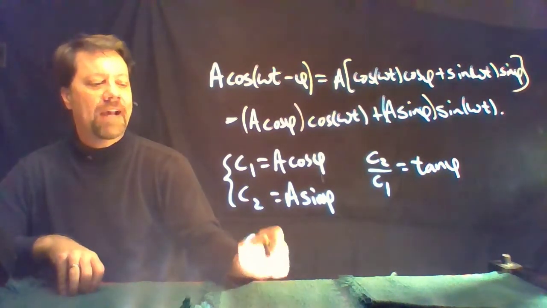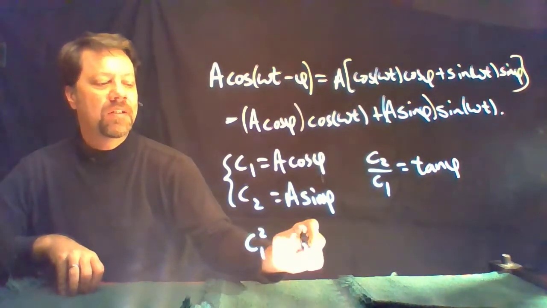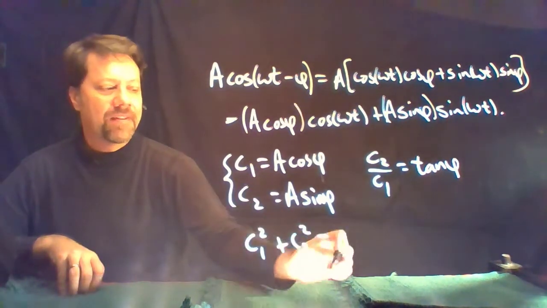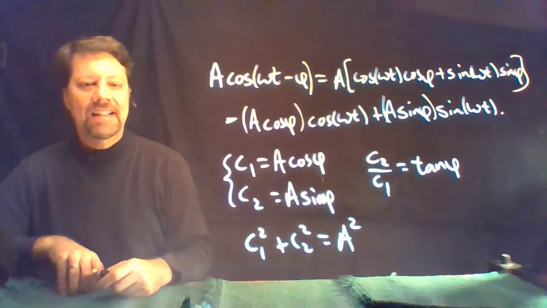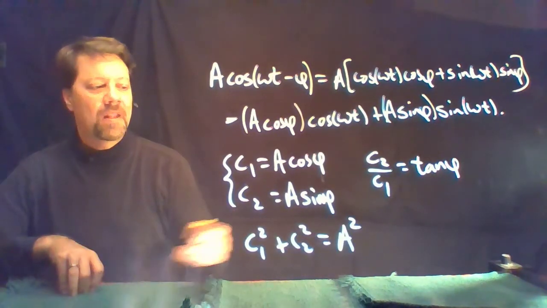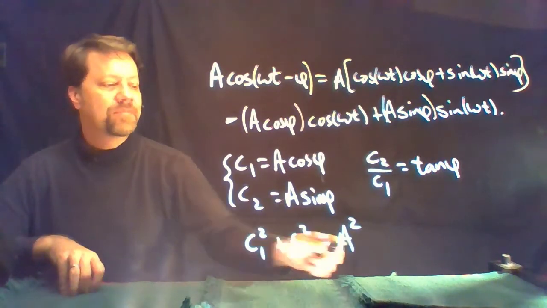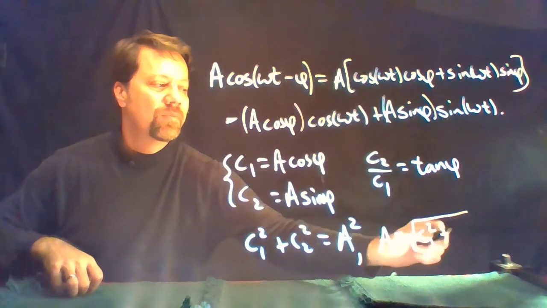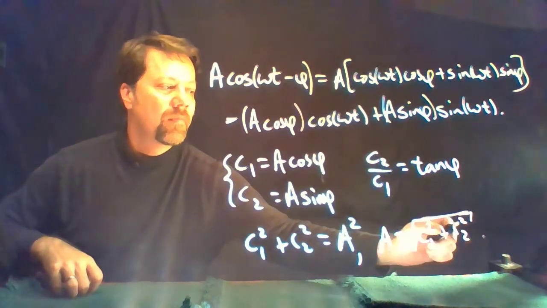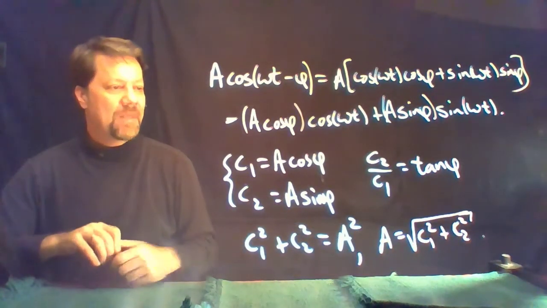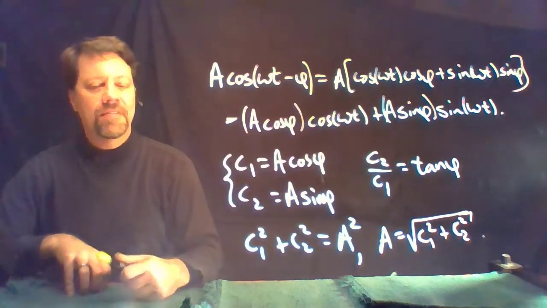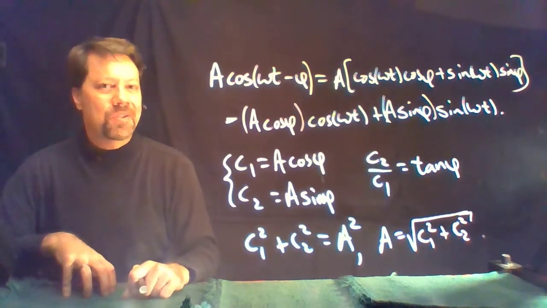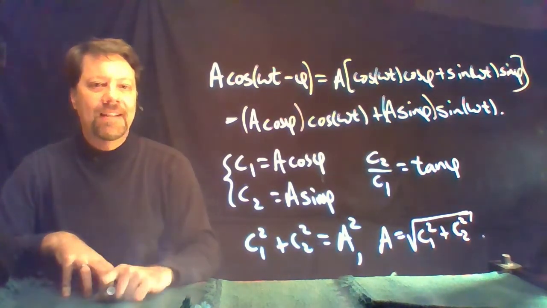Alternatively, if we calculate C1 squared plus C2 squared, you square the right-hand sides and add them together, by the Pythagorean identity, they reduce to A squared. And this allows us to solve for A as a function of C1 and C2. It follows that any linear combination of sine and cosine can be written as a single sinusoidal function with some phase shift and amplitude.